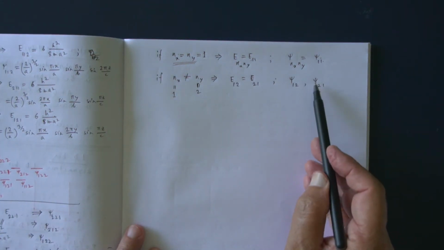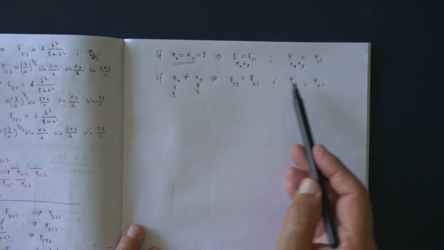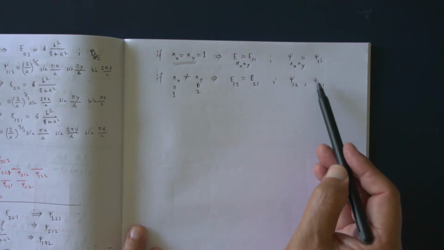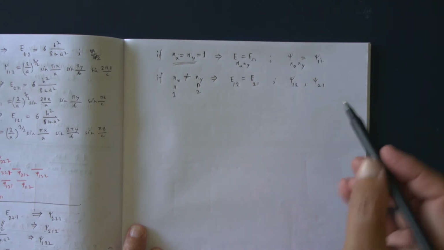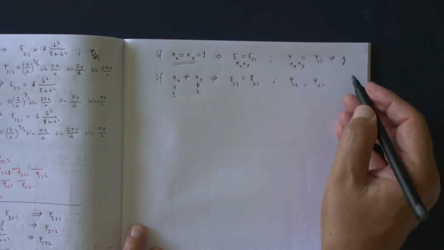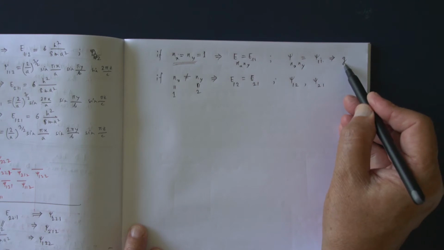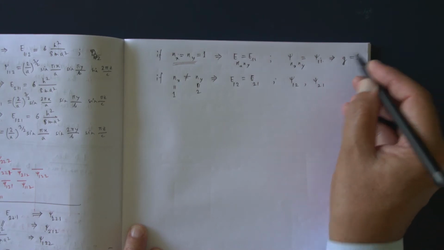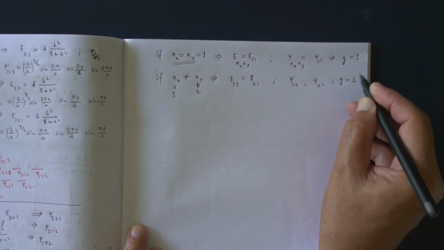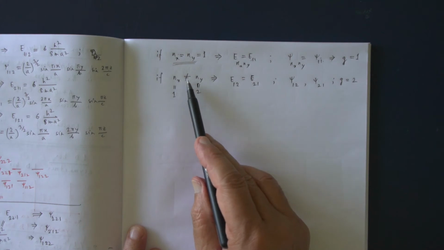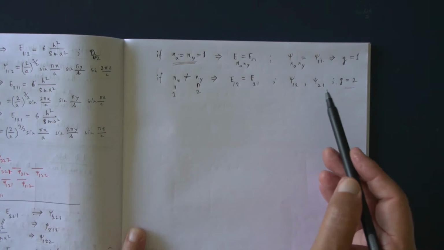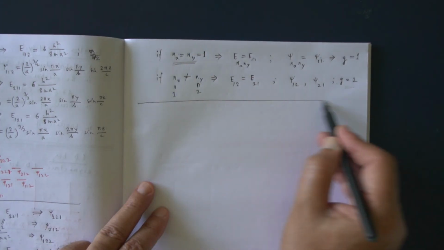That means two different states, one energy level. So this particular energy level will be twofold degenerate. Let me write degeneracy as Z. Here, nx equal to ny, the degeneracy is 1, but when nx is not equal to ny, the degeneracy equals 2. All right, so this is all about degeneracy.